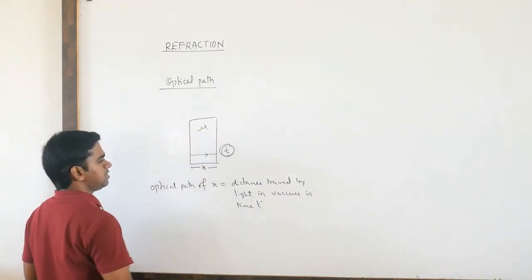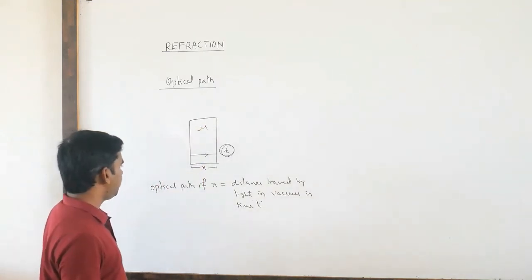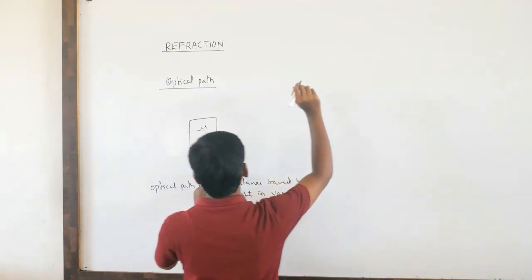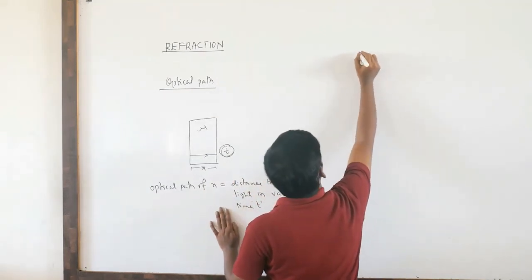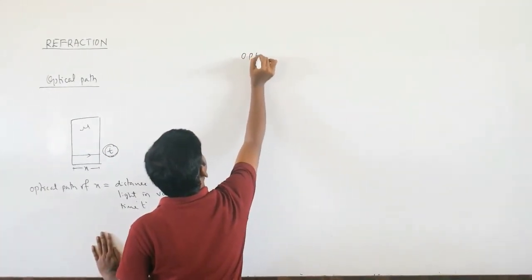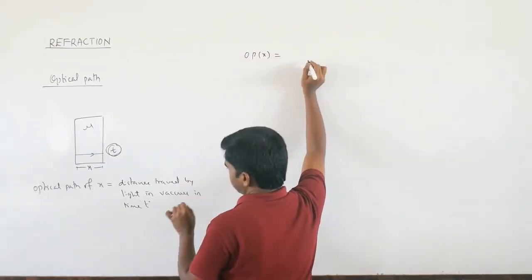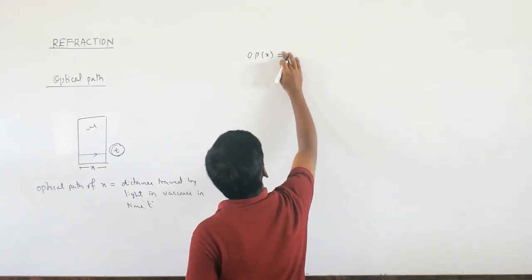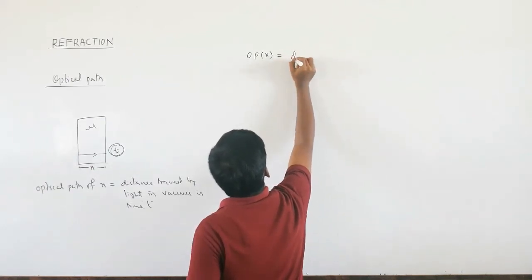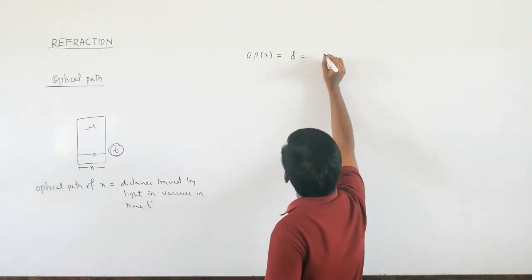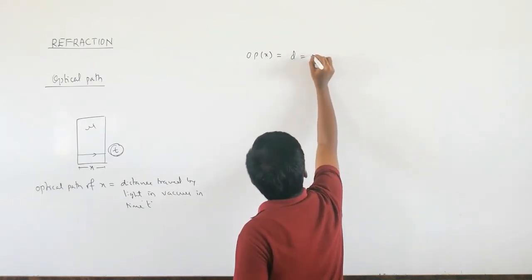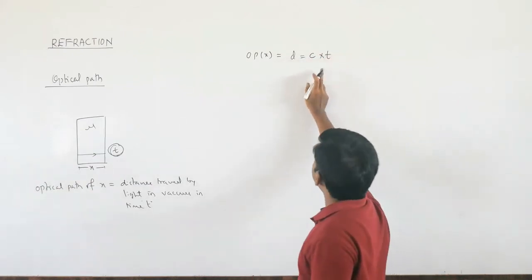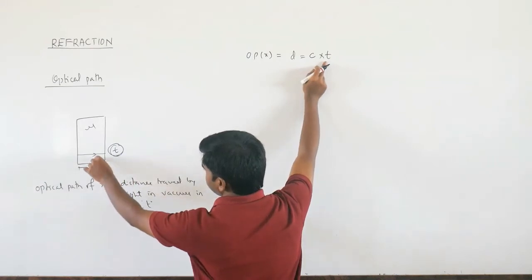If its refractive index is mu, how can we get the optical path length? The optical path of x is the distance traveled by the light in the vacuum. Distance traveled is nothing but velocity into time. This time is the same as what it takes in the medium.